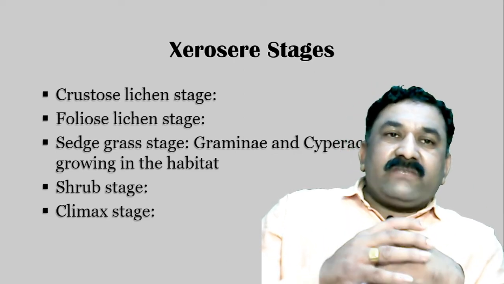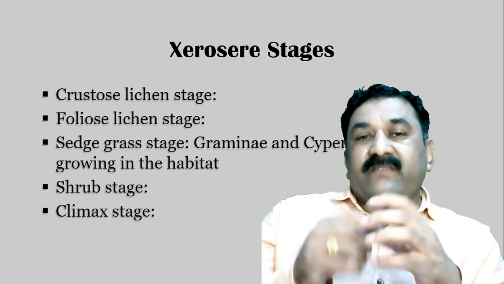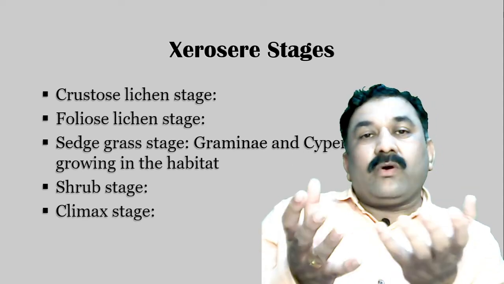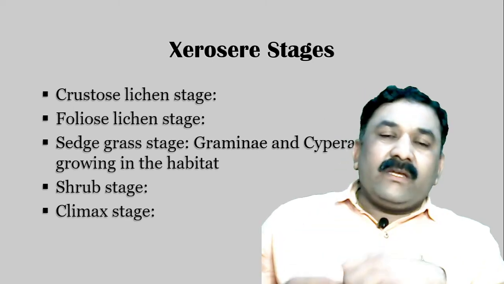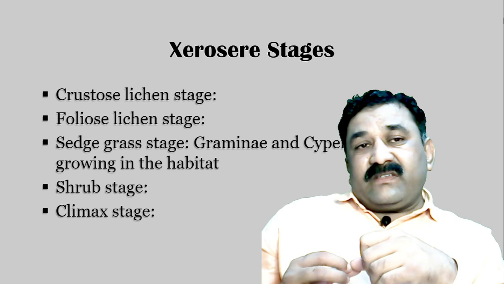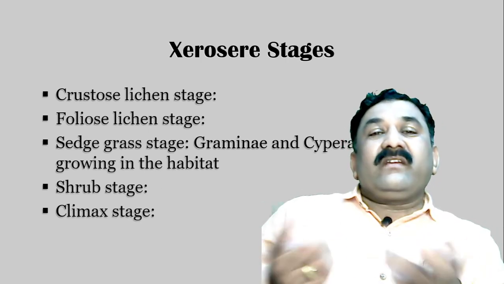These foliose lichens will be replaced by sedge grass stage. Means Gramineae and Cyperaceae families will be having the members which can grow on a very small layer of the soil that is developed by the foliose lichen. Then these sedge grasses will be replaced by herbs, shrubs, and finally the climax community.